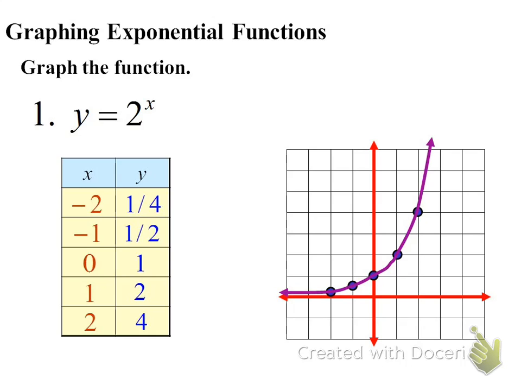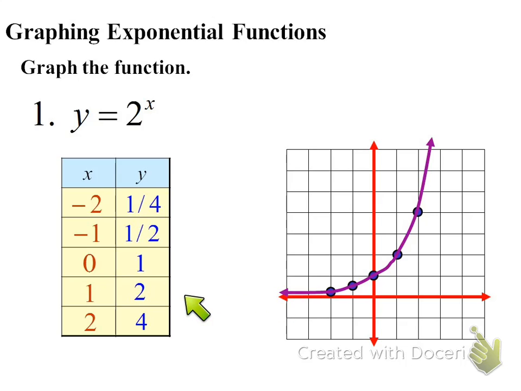All right, let me point out a couple things before we take questions on this. We talked about how the x-axis, we call it an asymptote here. An asymptote, it said, is where your graph approaches as it goes away from the origin. So as you go to the left, do you see how the graph is getting closer and closer to the x-axis? It will never actually touch the x-axis. It's just getting closer and closer and closer.